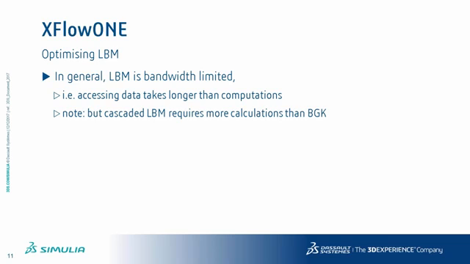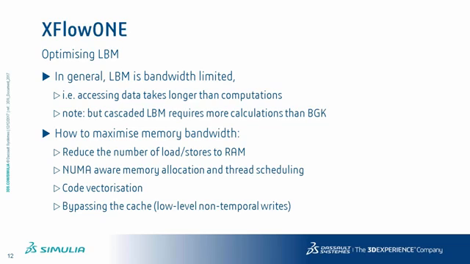For the cascaded lattice Boltzmann method, which is what XFlow uses, it's actually a little bit less true, okay? It's a little bit more complicated to do some calculation, but 90% of the time is actually on memory handling. So the idea here is to try to optimize and maximize the memory bandwidth in order to reduce, of course, run times, computation times.